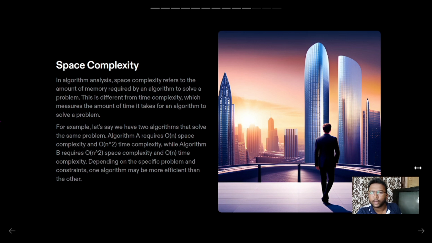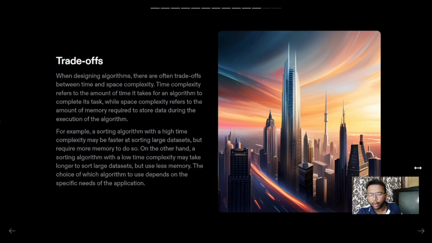Algorithm A requires O(n) space complexity and O(n^2) time complexity, while B takes O(n^2) space complexity and O(n) time complexity. Depending on the specific problem and constraints, one algorithm may be more efficient than the other.